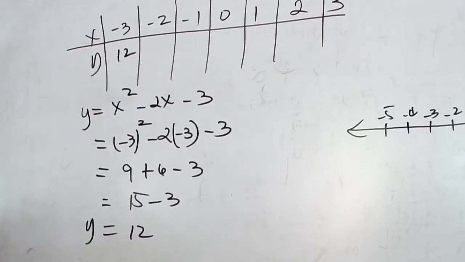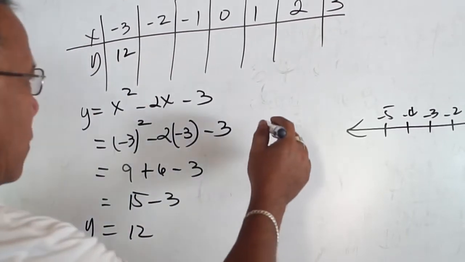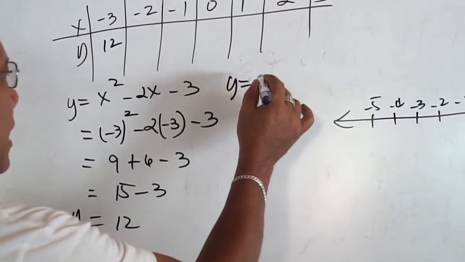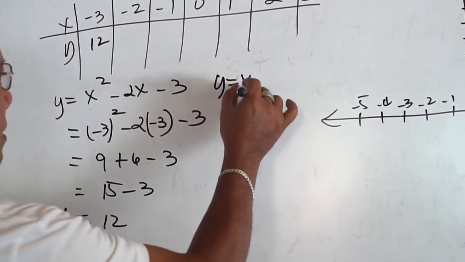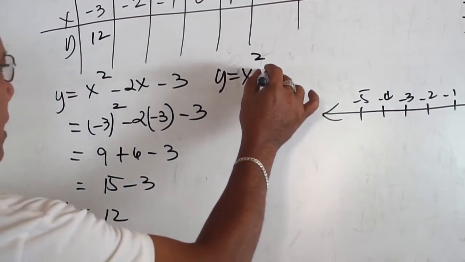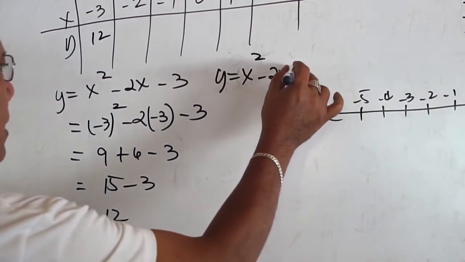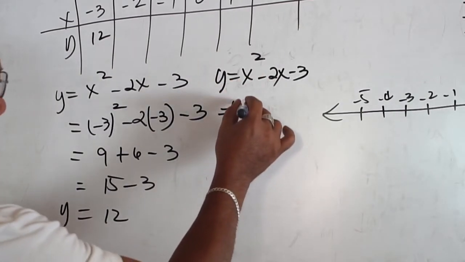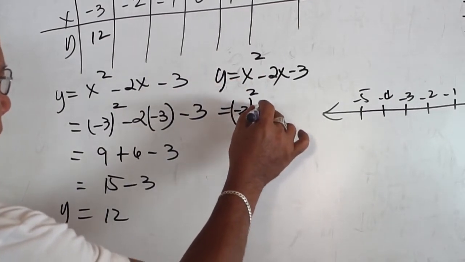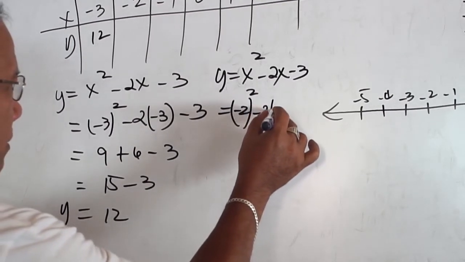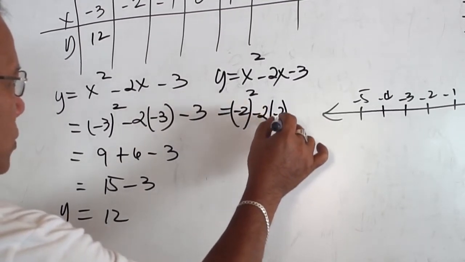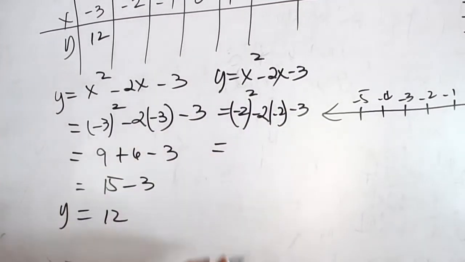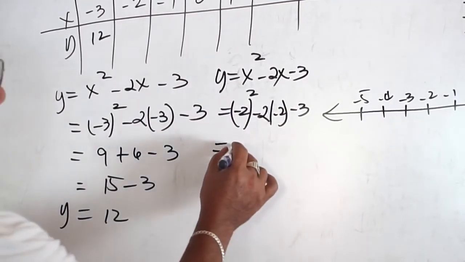Next, if the value of x is negative 2, we have x squared minus 2x minus 3. Substitute: negative 2 squared, minus 2 multiplied by negative 2, minus 3. The square of negative 2 is positive 4.